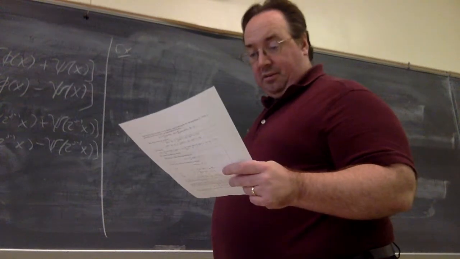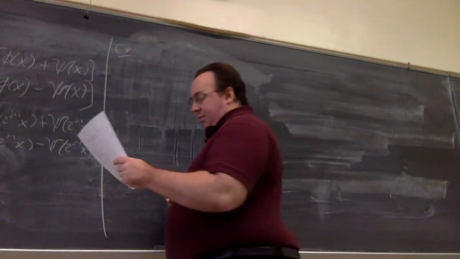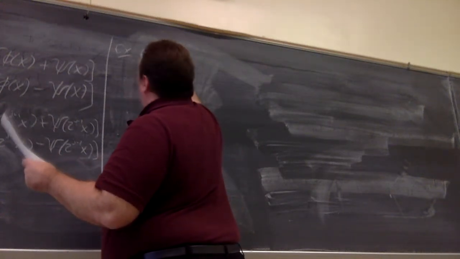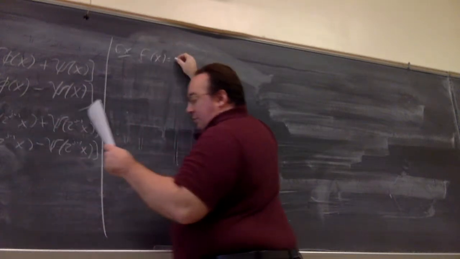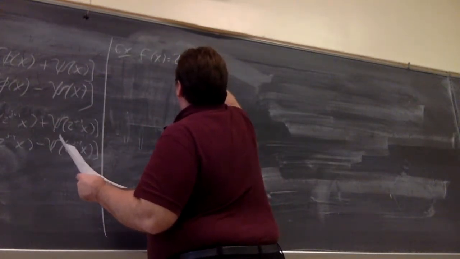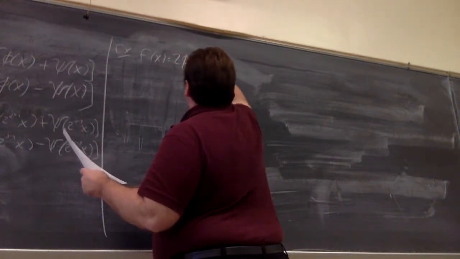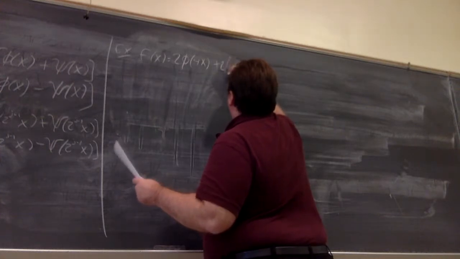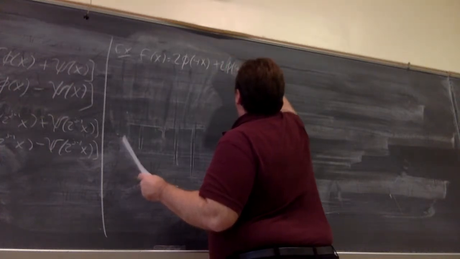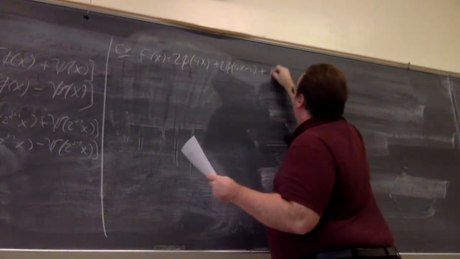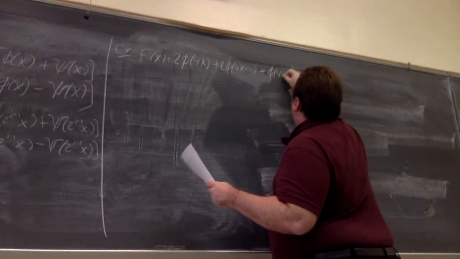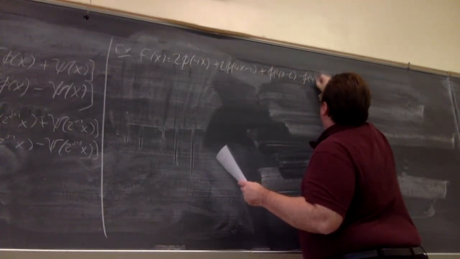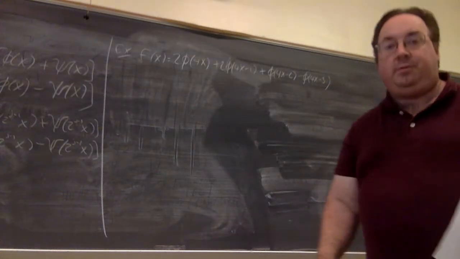All right. So for my example, we're going to work at j equal 2. So my f is a combination of scaling function at 4x with shifts. So I have 2 phi(4x minus 1) plus 5 phi(4x minus 2) minus 5 phi(4x minus 3).